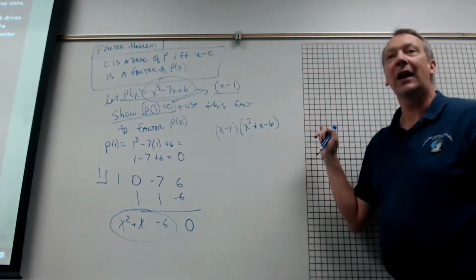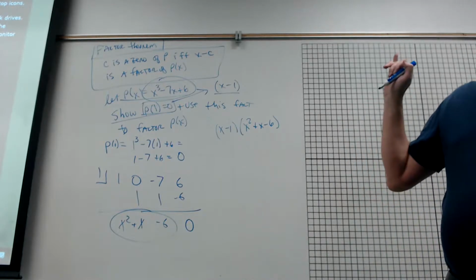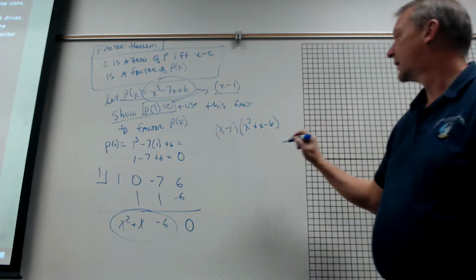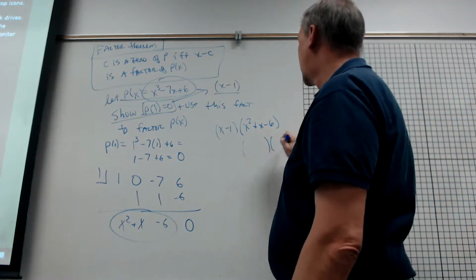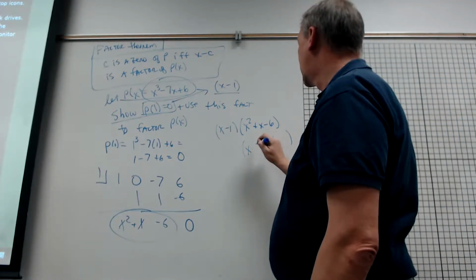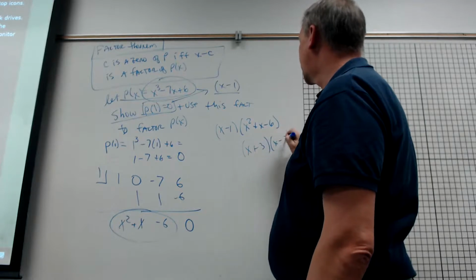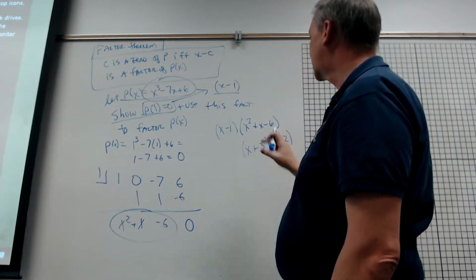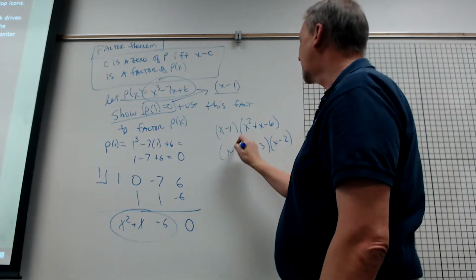Can you factor that, Camilla? Would it be x plus 3, x minus 2? Yeah. So plus 3 minus 2 is plus 1, 3 times 2 is 6. Perfect. So we've got x minus 1.